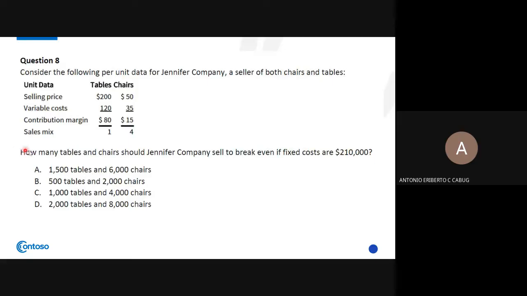Sige. Pag sinabi lang sales mix, tas ganito in-express, just assume it is the unit mix. Kapag sinabi lang sales mix, hindi malinaw, assume that it is the unit, no? Sales unit mix. I will give you 3 minutes to answer this question.